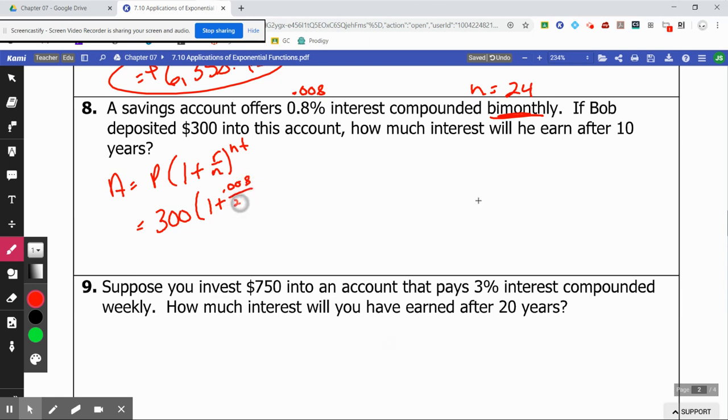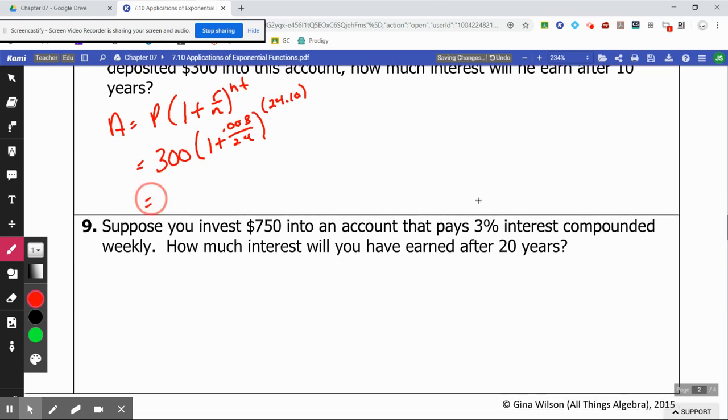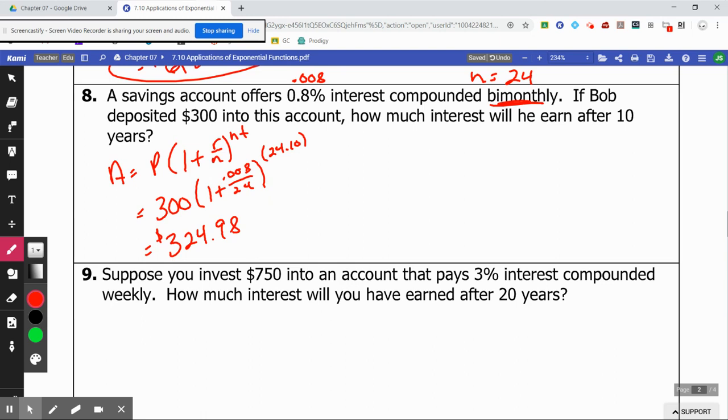The N was 24. Raised to the 24 times, we're doing it for 10 years power. Again, you can either type the whole thing in or do it step by step, and you're going to get $324.98.